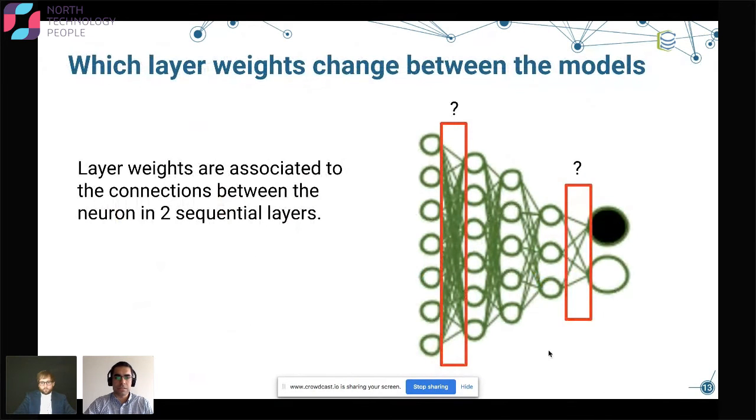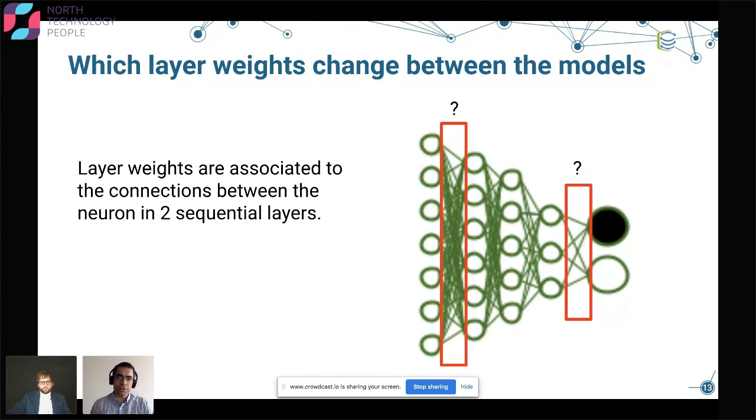So for that, we care only about layer weights. Why? Because we're fixing all the hyperparameters of the model. And the only thing that is changing are parameters of the model, or layer weights of our fully connected neural network.